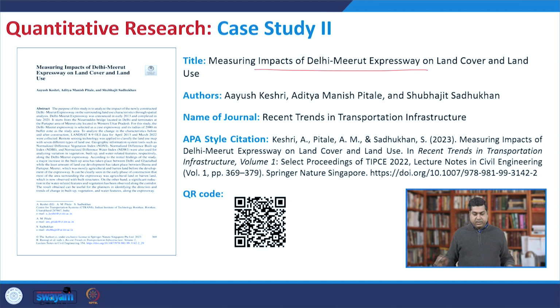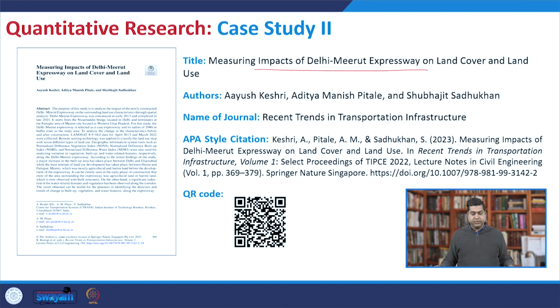So the attempt in this particular paper was to measure the impact over time, the temporal changes of land use and land cover due to the construction of the Delhi Meerut Expressway. The authors are Ayush Keshri, Aditya Manish Pitale, and I also joined in this co-authorship.